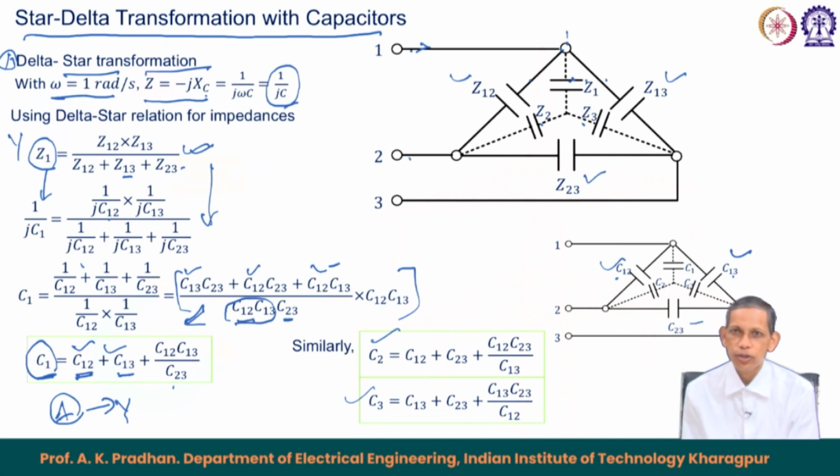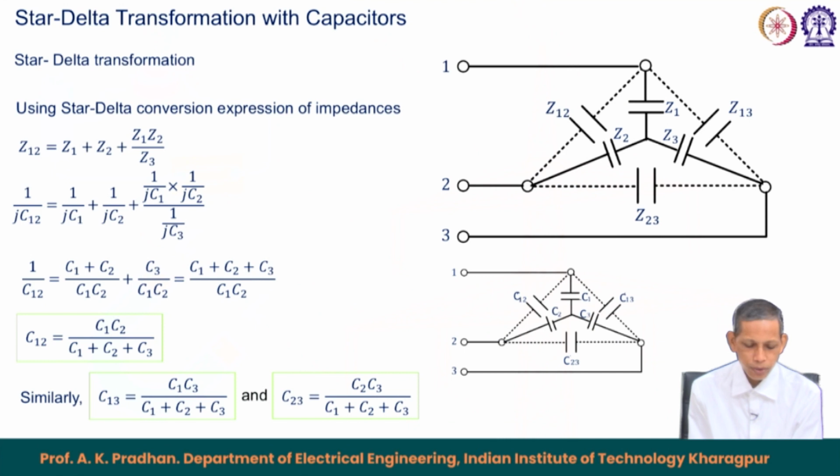This is similar to the transformations carried out from delta to star and star to delta. That is the difference between the star delta transformation of impedance and resistance, and now we are discussing capacitance.